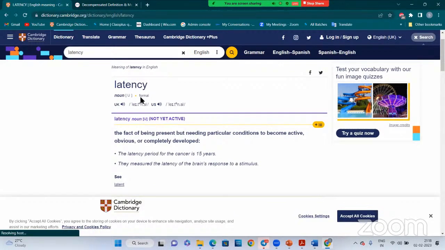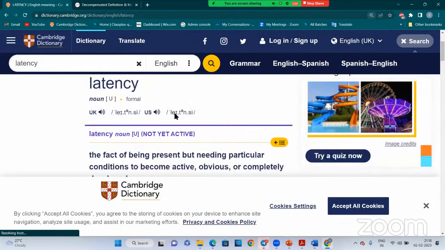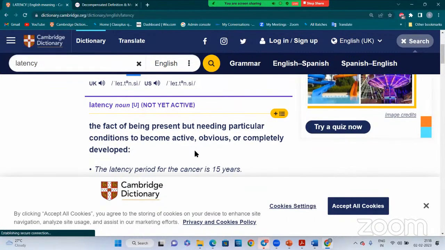Latency is a formal word. Formal means you can use it in official letters. It means underdeveloped or developing, not completely developed; latent. You see it in biology in your schools. Latency means undeveloped.